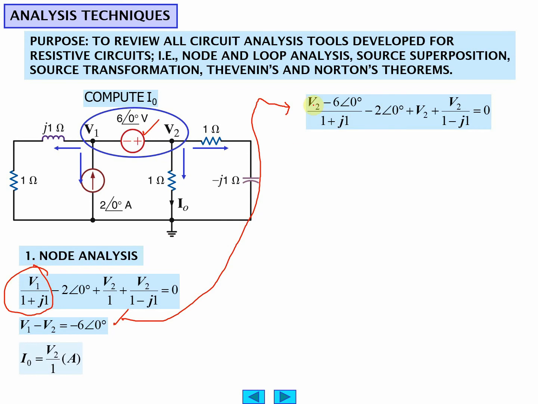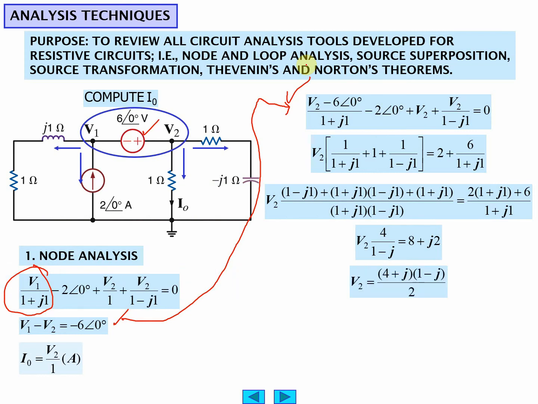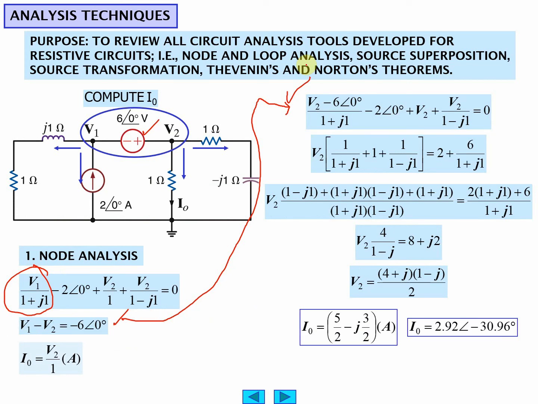We do a substitution for V1 to get this equation. And from now on, it's just math. Just lots and lots of tedious math. I don't even want to do this in Octave. It's going to take a while.